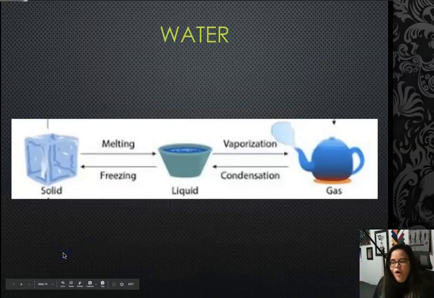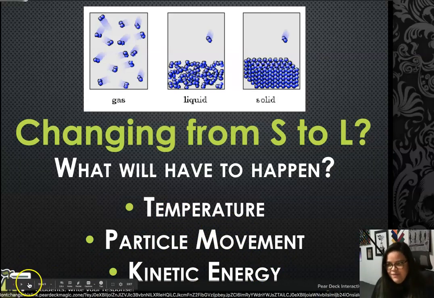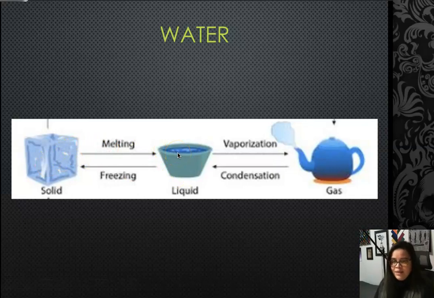All right, so hopefully you noticed the trick between these three criteria: temperature, particle movement, and kinetic energy. They're all basically the same thing. In order to go from a solid ice cube to liquid water, we want to melt it. And how do we melt it? We typically add heat energy.